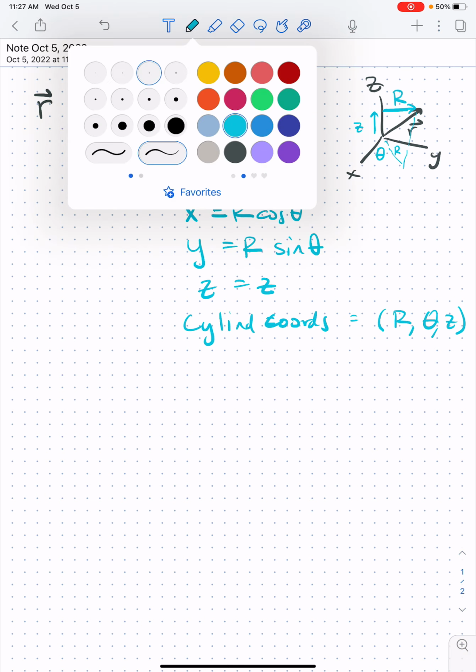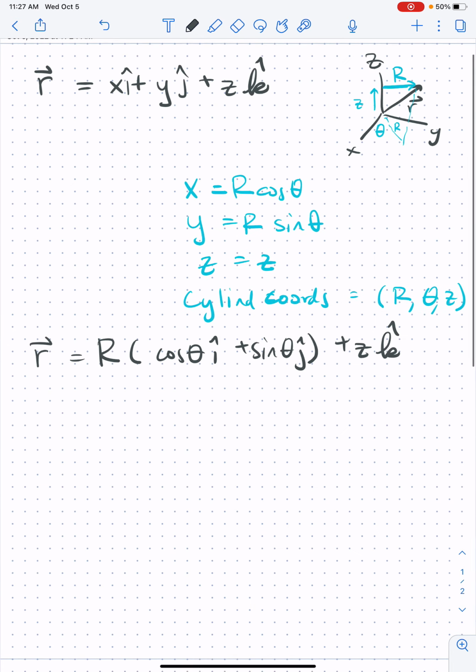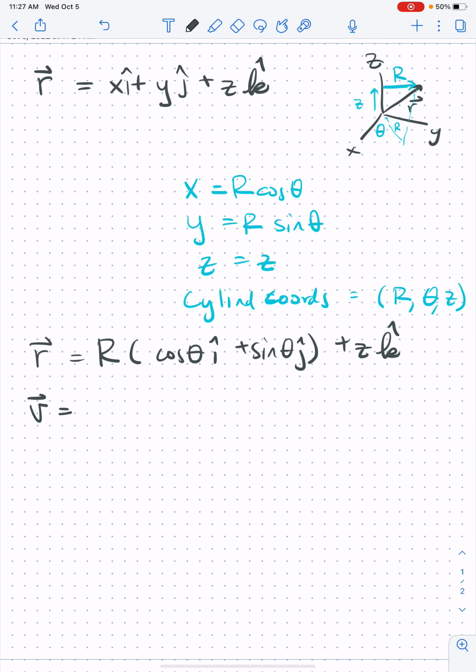It's a different radius. So now we can write our r vector as big R cos theta i hat plus sine theta j hat plus z k hat. Now, our velocity then is dr dt.